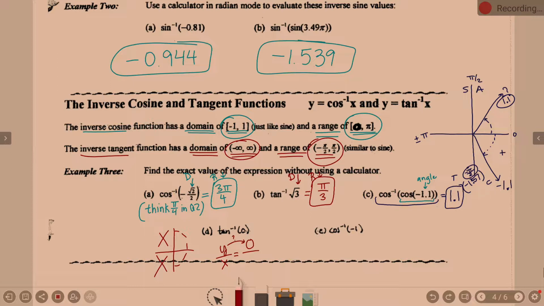So I want to know at what angle does tangent equal 0? So at what angle does y over x equal 0? It doesn't matter what x is. That's irrelevant. I just need to know when does y equal 0. So where are my places that y equals 0?